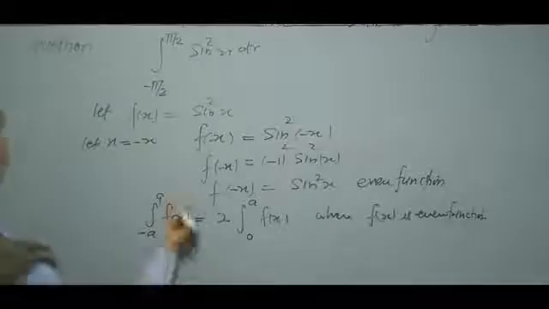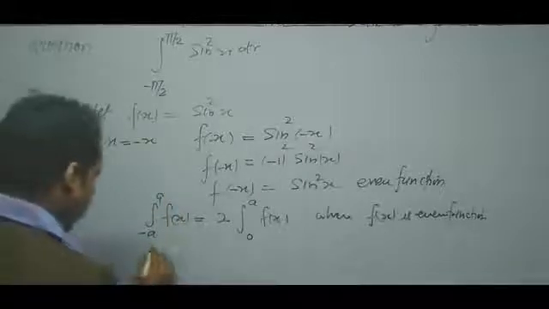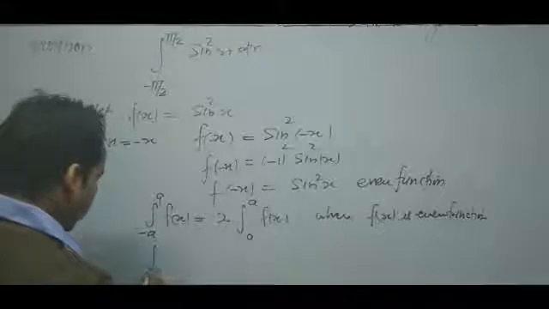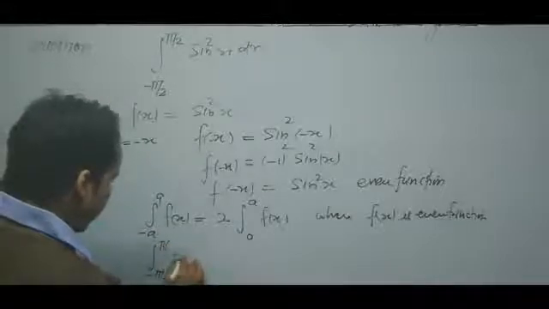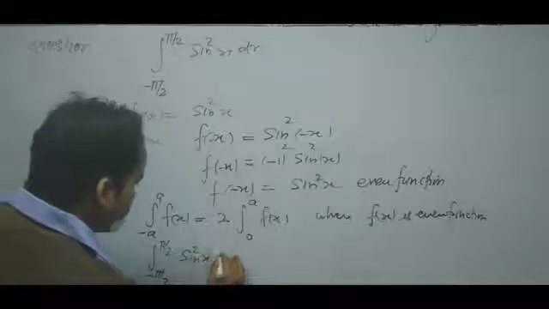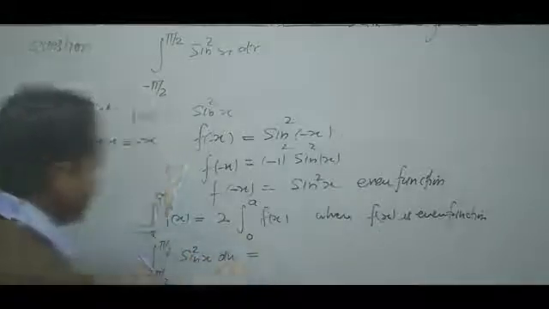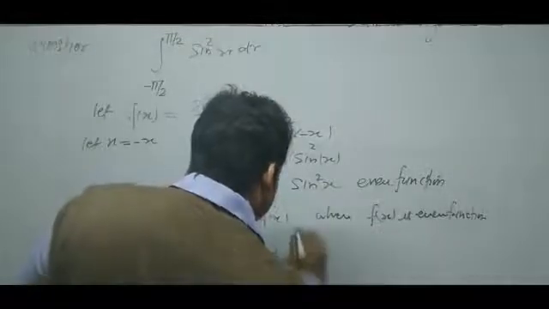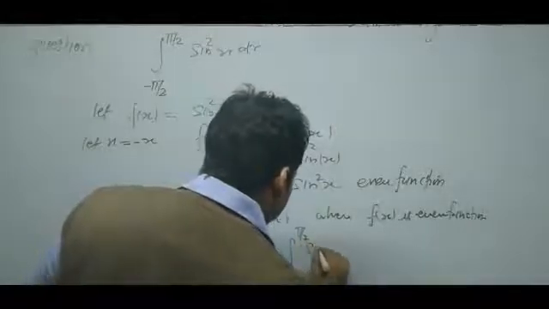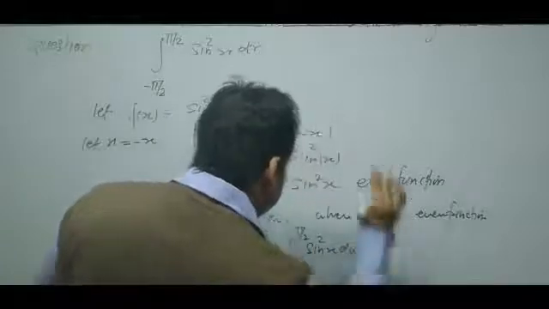So its result we can write: from minus pi by 2 to plus pi by 2 of sine square x dx is 2 times integration over 0 to pi by 2 of sine square x dx.